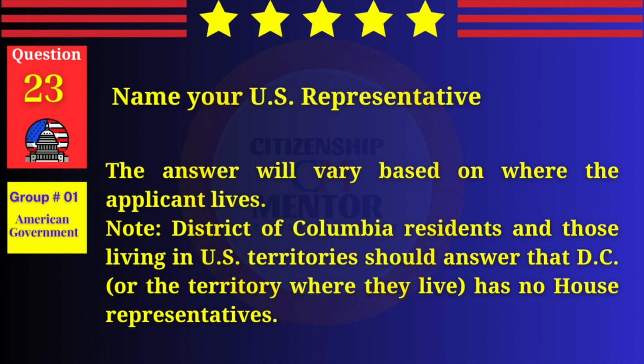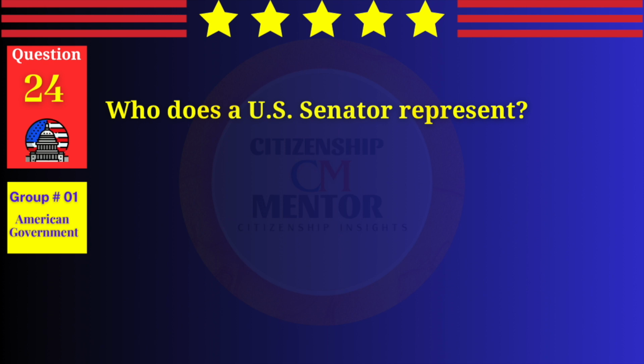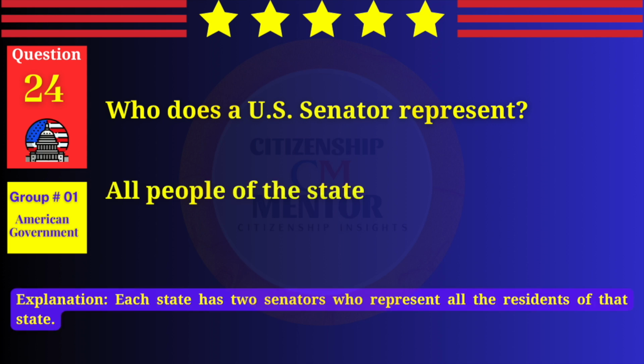Note: District of Columbia residents and those living in U.S. territories should answer that D.C., or the territory where they live, has no House representatives. Who does a U.S. Senator represent? All people of the state.